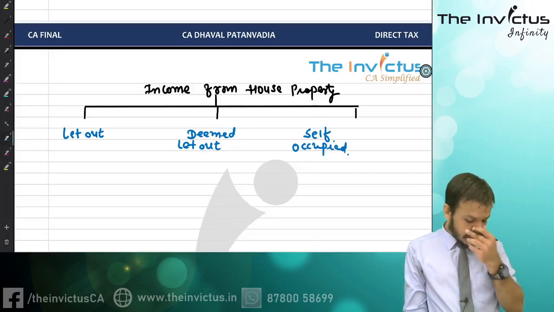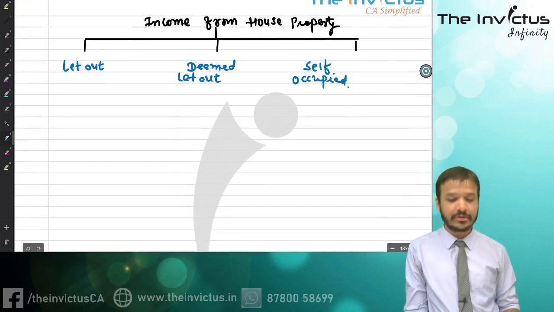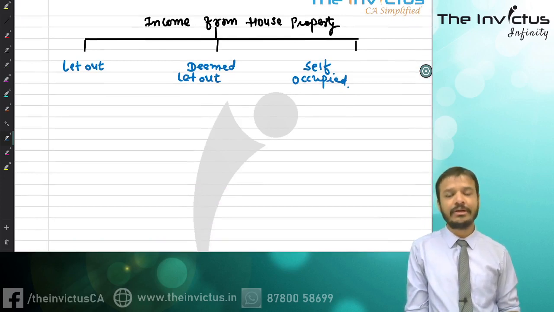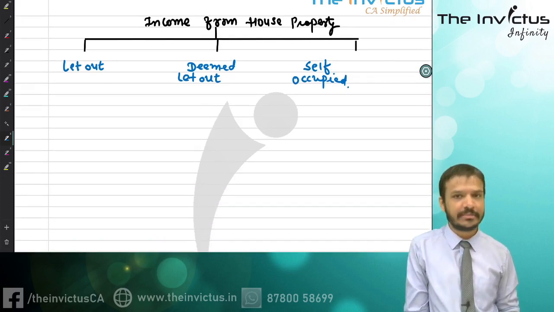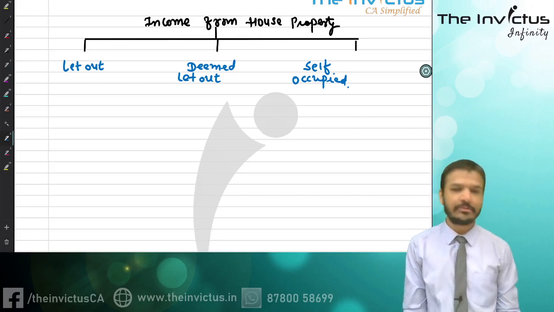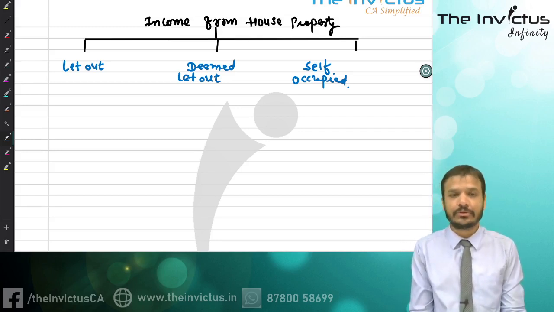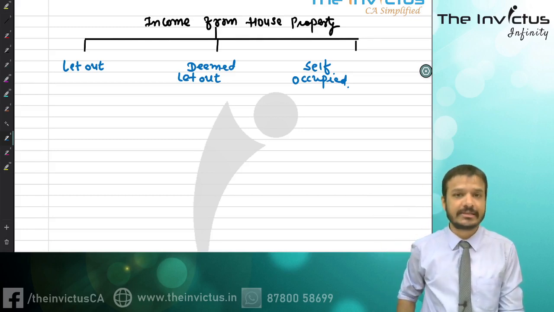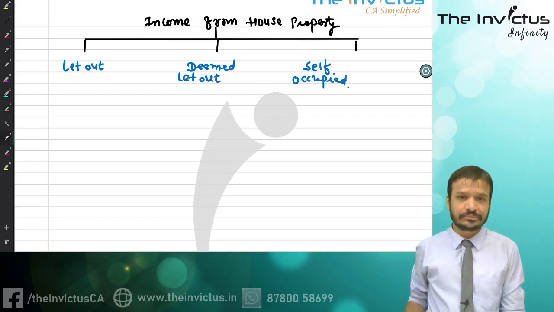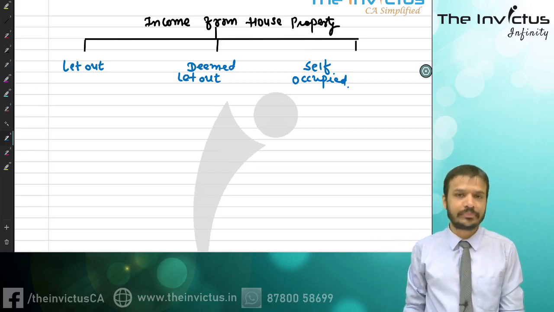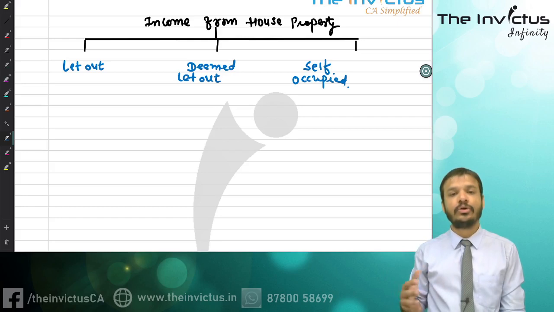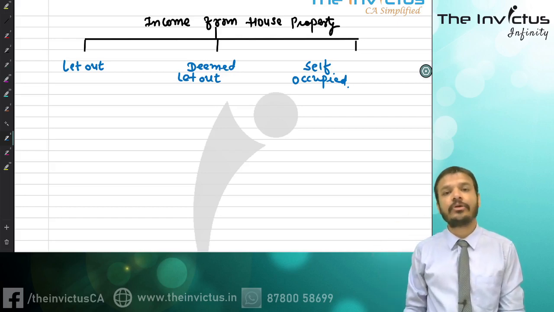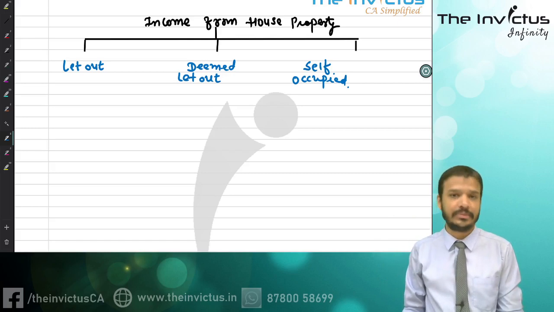Before that, we need to understand three things: one is let out property, second is deemed to be let out property, and third is self-occupied property. We have a little bit of an idea, as we have studied in Intermediate and IPCC. So in case of house property, there will be three types. First is let out, which you have actually given on rent, or which is actually let out by the assessee. Second is deemed to be let out, and third is self-occupied. Self-occupied property means a property in which the assessee resides, or which the assessee is using for its own residential purpose, right?